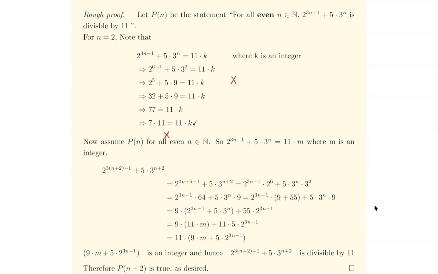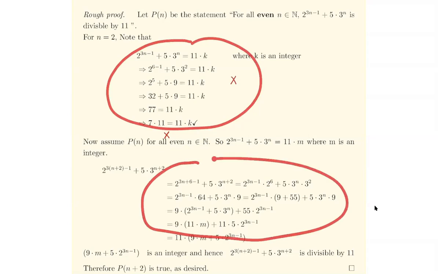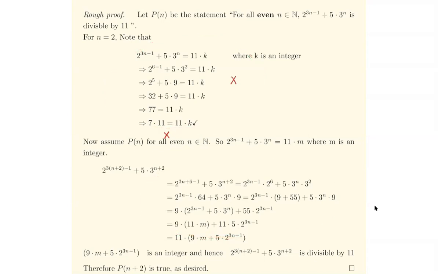Are you talking about the base case or the induction step? The induction step is actually fine. The base case is incorrect, that's right. And I'll tell you, this proof will get 1 out of 4.